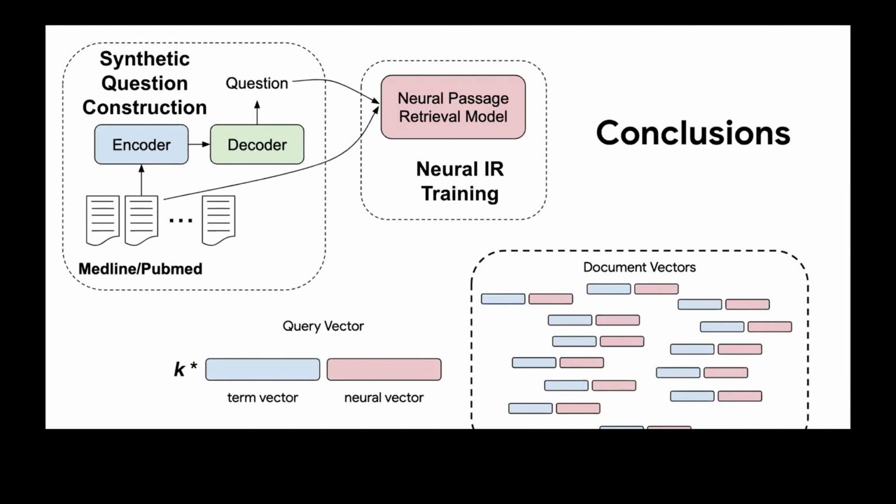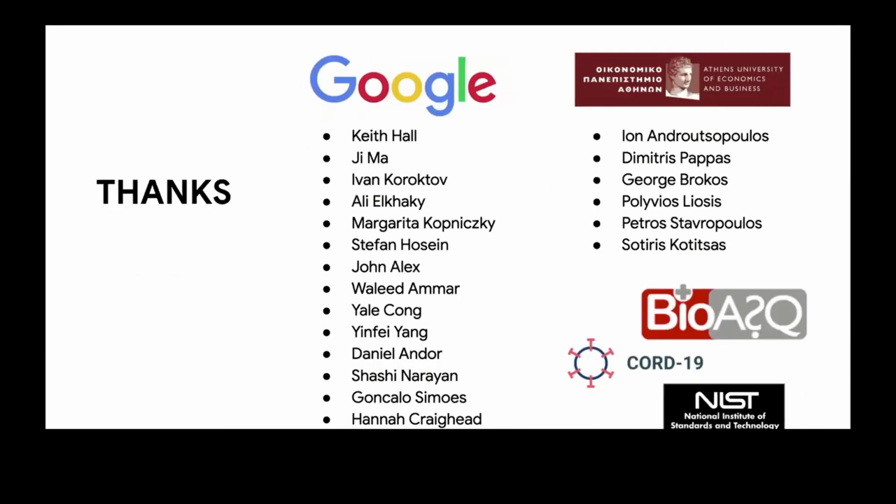When we combine this with term-based models like BM25 into a hybrid model, even very simple hybrid models, there's obviously a lot more complex things we can do to get even better. So this is basically building from the bottom up first-stage neural models for biomedical literature that are quite powerful. And we can make that more powerful if we add some domain-specific supervised data. And that's it. So thanks to all my collaborators. Again, thank you.